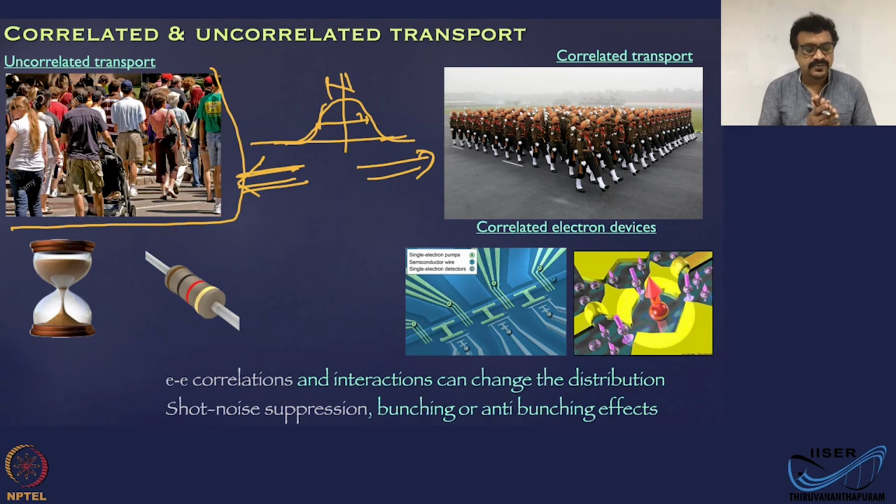Now, since there is no correlation between the people crossing the road, the width of the distribution will actually be proportional to n. Okay. That is a noise to it.